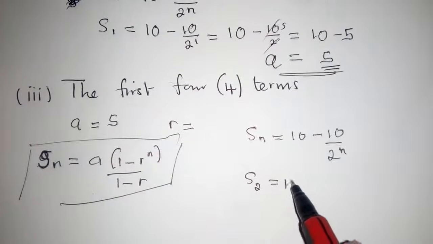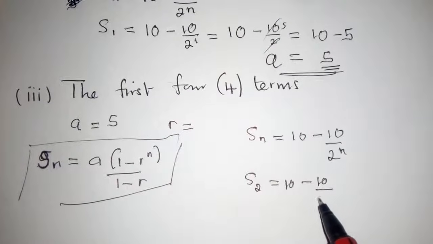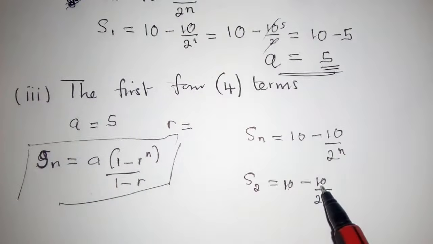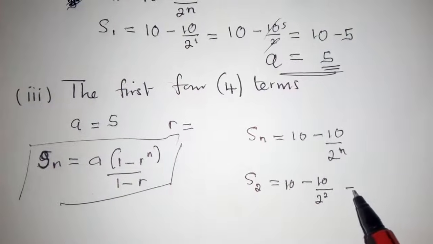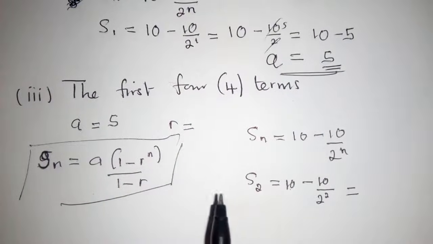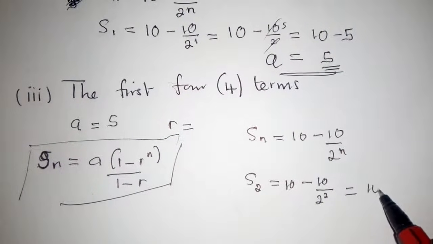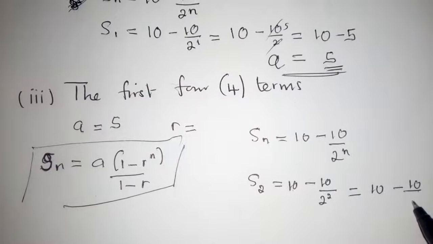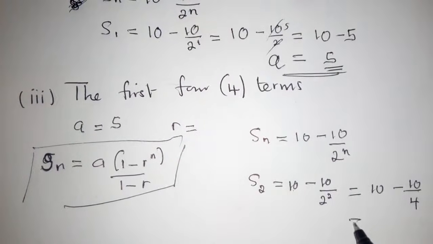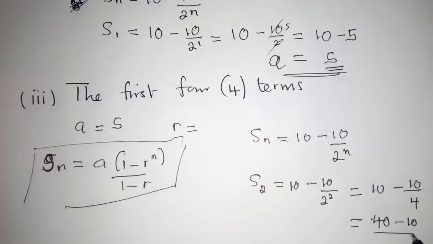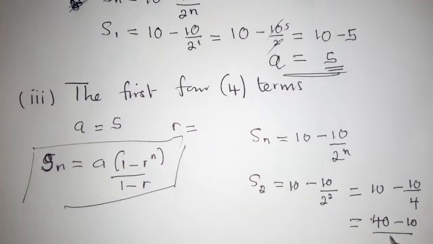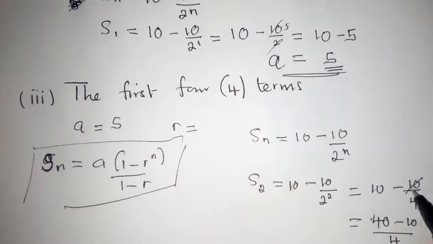So in this case, it will be sum of 2 terms. 2 terms will be 10 minus 10 over 2 power 2. And when we do our calculations nicely here, we'll have something like this. Then here it will be 40, then 4 here, or if you want you can reduce the numbers.